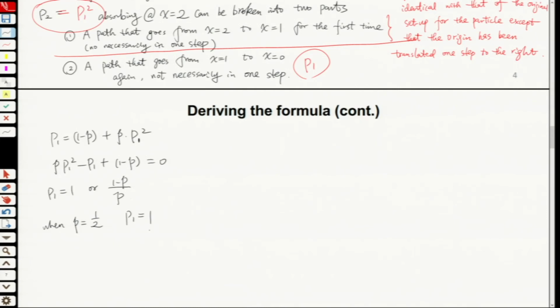P1 will definitely get absorbed. It's (1 minus P) divided by P. Let's try to find 3 locations. P equals 0, P1 equals 1. P equals 1, P1 equals 0.